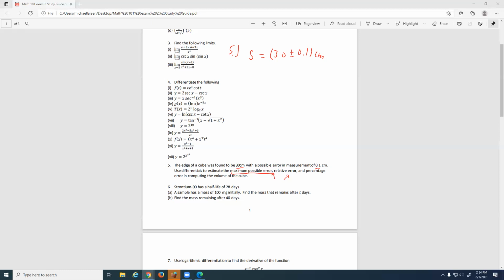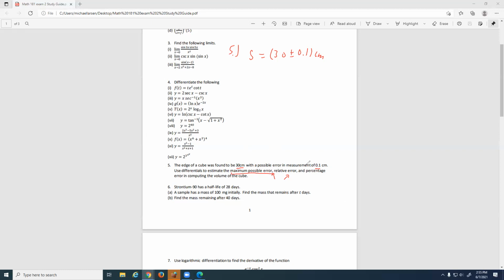Give me one moment. Let's see. Yeah, so I found some formulas for relative error and percent error, but I wasn't able to find anything for max error.